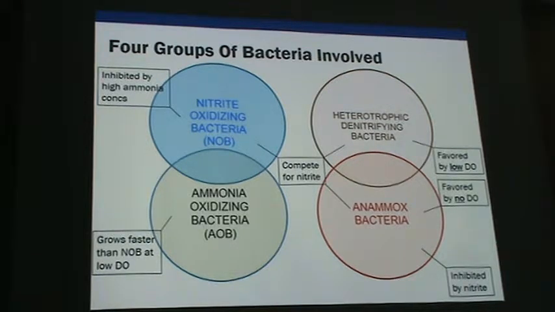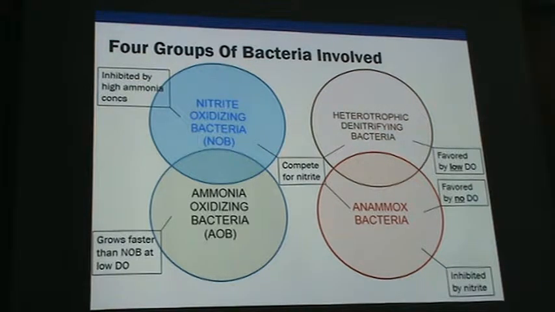So it turns out that the high concentrations of ammonia that are present in the dewatering stream inhibit the growth of the NOBs. So that gets taken care of. But these three organisms here, the Anammox, the denitrifiers, and the NOBs, compete for nitrite. Well, we've just eliminated the NOBs, so now we have to figure out how to freeze out the denitrifying bacteria.